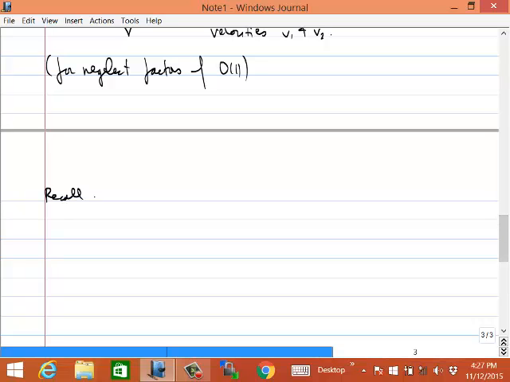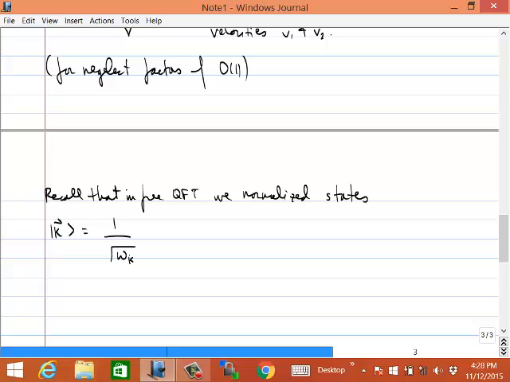So I want you to remember back to our discussion of free field theory. And I want you to remember that we actually normalized our states in a somewhat funny way. A single particle state describing a particle of momentum k was given by a factor of 1 over the square root of energy times the associated raising operator acting on the vacuum state.